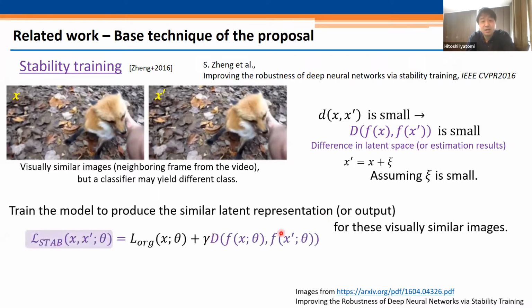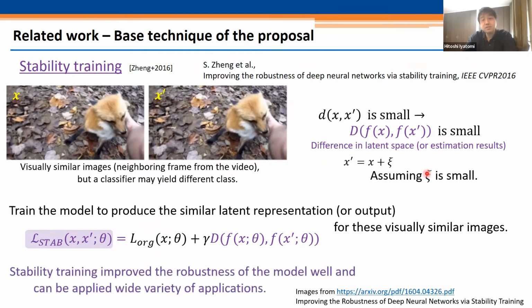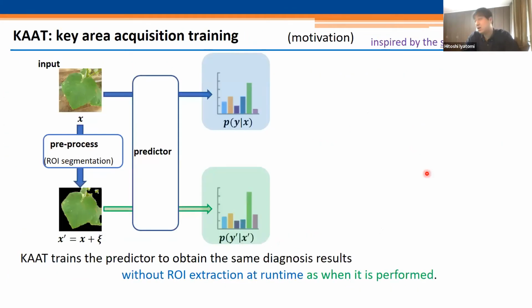They add a penalty on the difference between the two latent representations to the original loss function to achieve this objective. This stability training can be applied to a wide range of applications and is therefore used in many recent studies. So this is one of the bases of our technique.